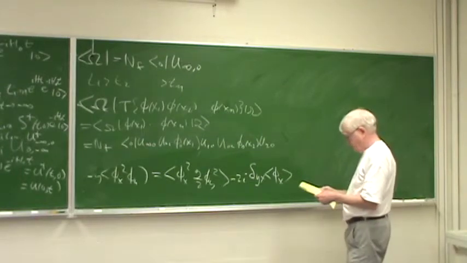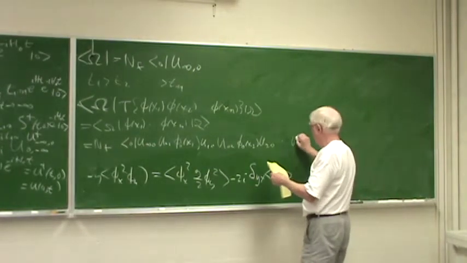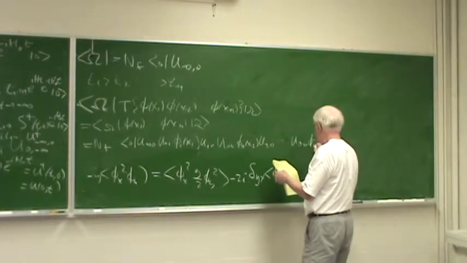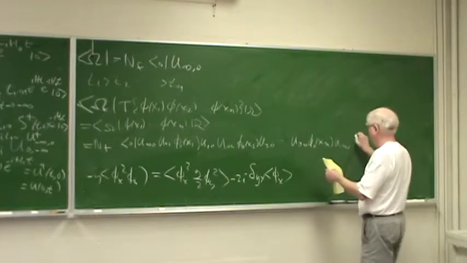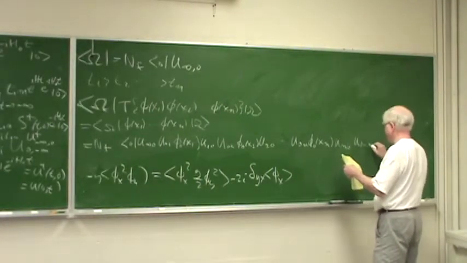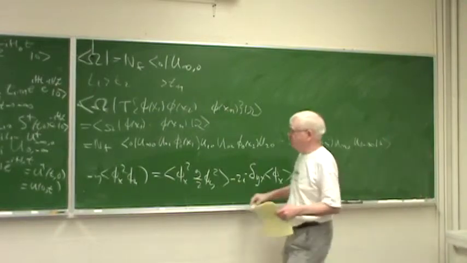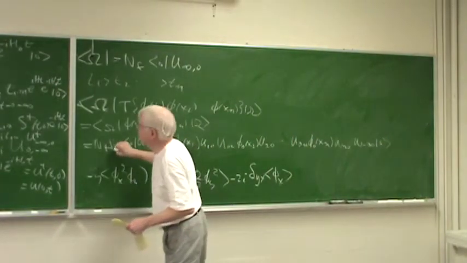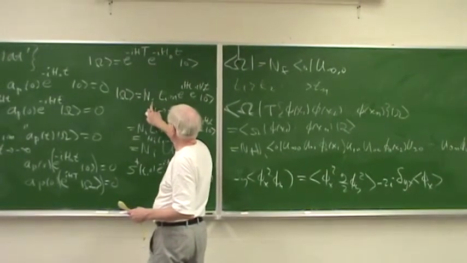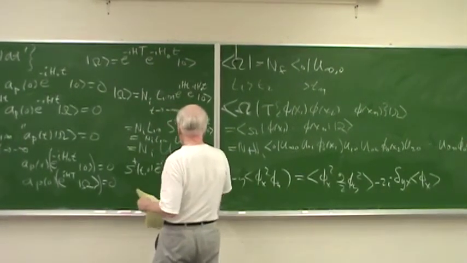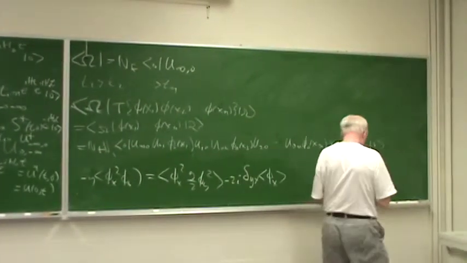All right. Dot, dot, dot. U0n, phi 0 xn, Un0, U0 minus infinity, 0, and here I'm using an ni. So I'm using the full vacuum is ni times U0 minus infinity. Right, okay.